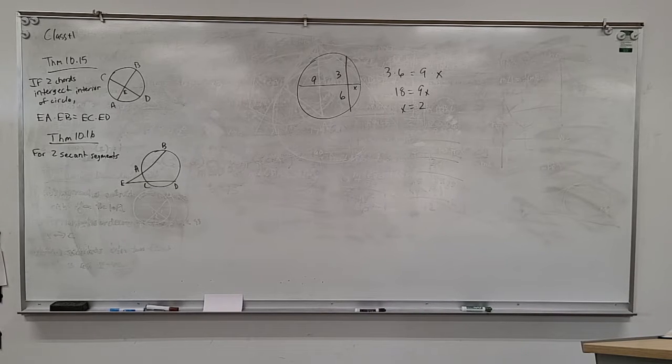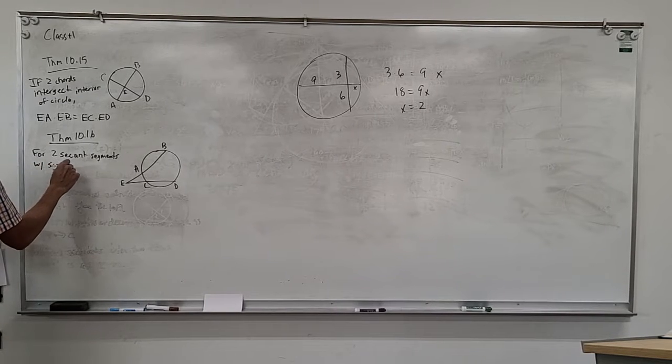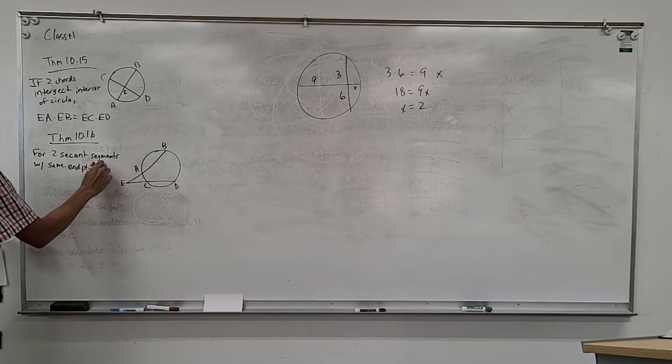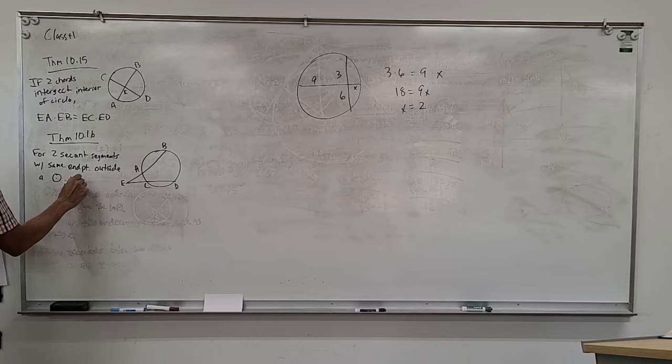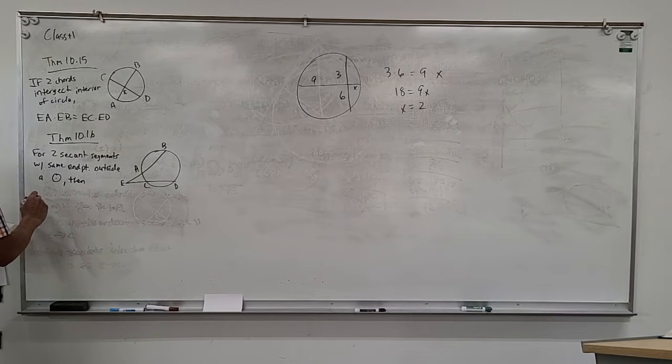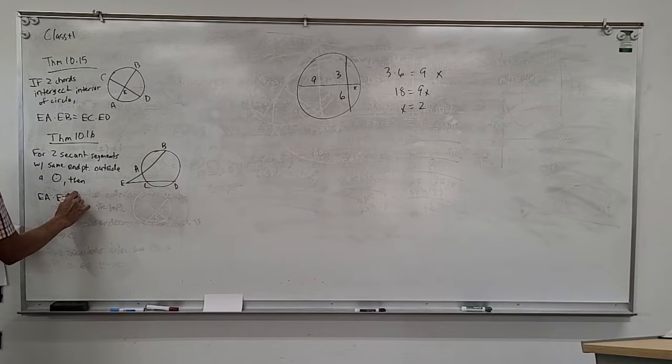So for two secant segments with the same endpoint outside a circle, then what this theorem says is that EA times EB equals EC times ED.